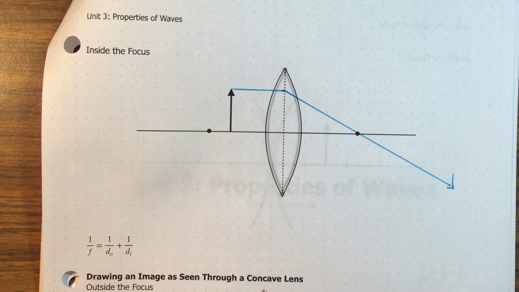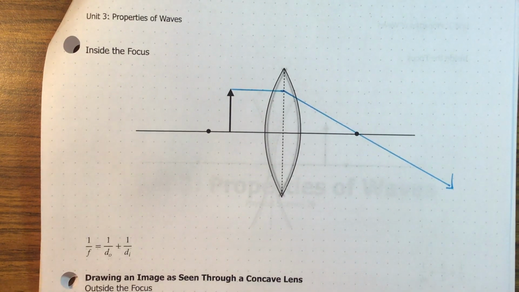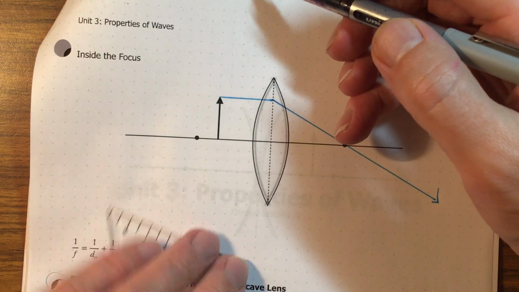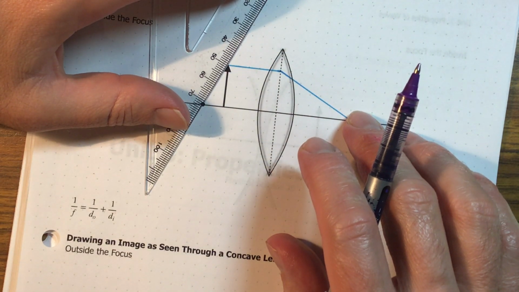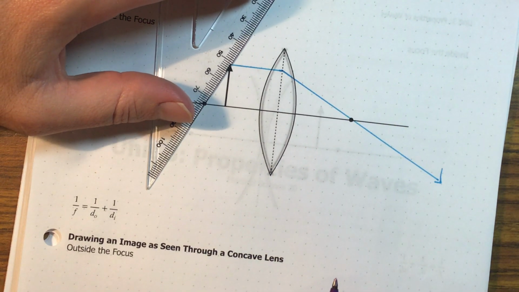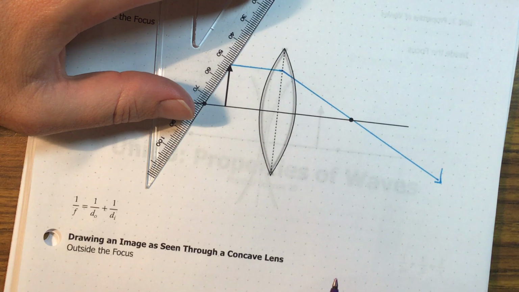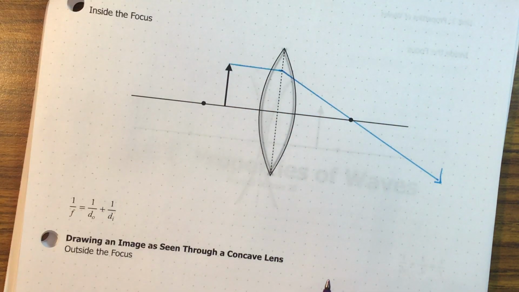Ray 2. Now, run into a little issue here. Ray 2, we actually go like this, and this is terrible because this doesn't work because this is way too big.